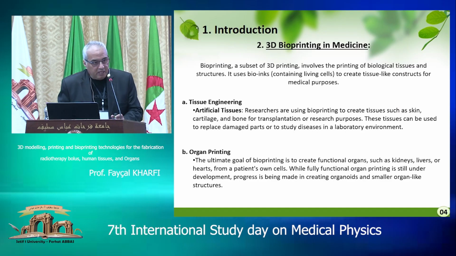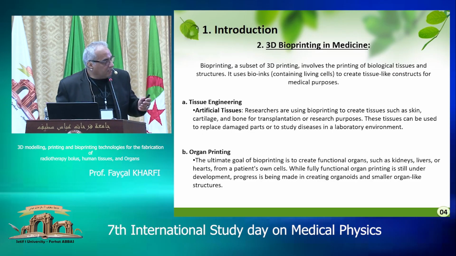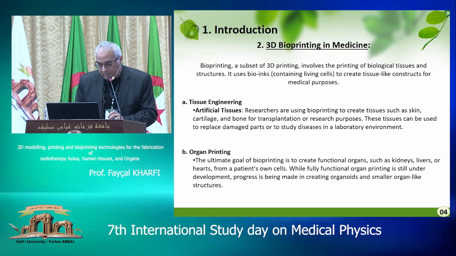It uses a bioink, which is a combination of cells with some hydrogel in order to print the different things that we need to print. Here we use a bioink to create tissue-like constructs for medical purposes. I give you here some applications. Some of these applications are still in progress, and others are well established.